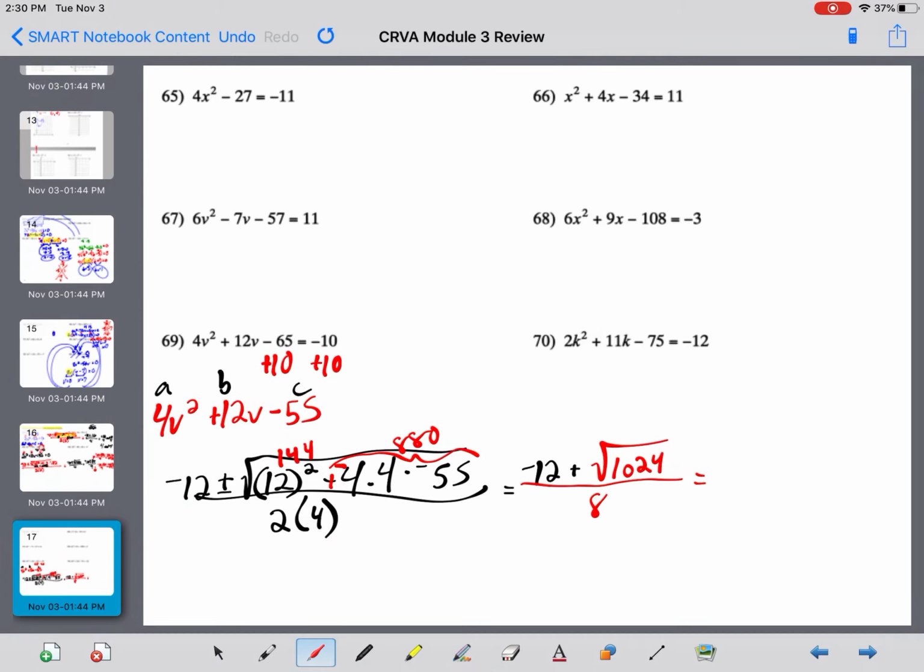Square root of 1024, oh, I don't know, I'm going to have to use a calculator. 32. You know, if you're using Chrome, you can just type SQRT and then the number in there. 32.